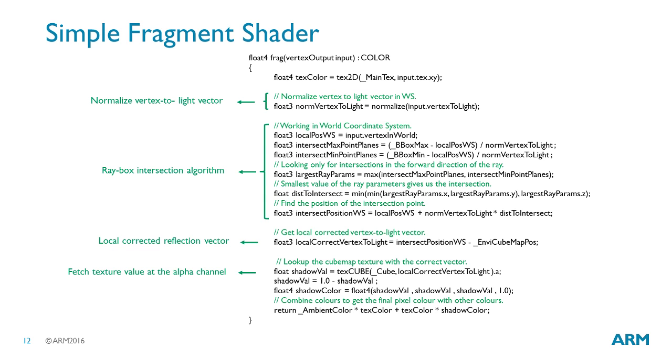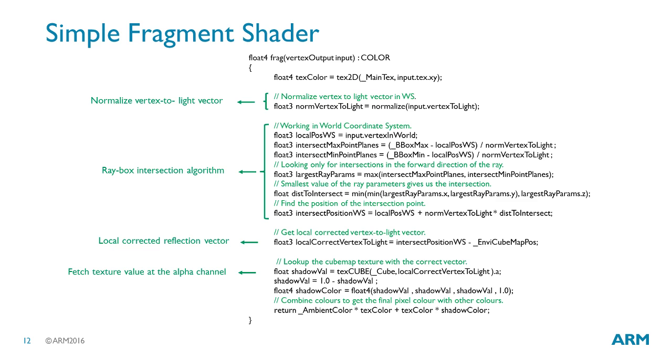So we find the intersection point here, and then we build the new vector from the intersection point to the position where the cube map was generated. We pass as a uniform to the shader the position where the cube map was generated, and we pass also the cube map itself, the texture.